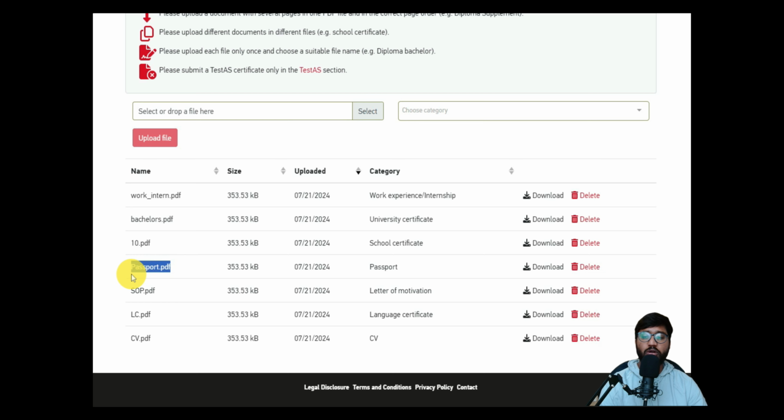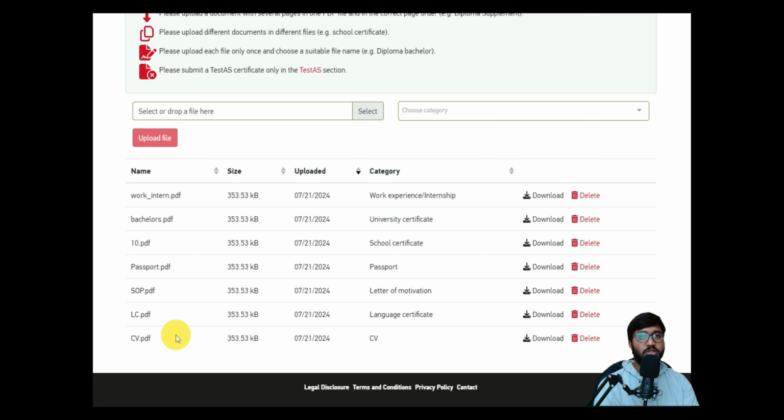Then you can attach your passport, your statement of purpose, and also your language certificate. The language certificate should be your IELTS 6 or 6.5. If not, medium of instruction is also considered. So please also upload medium of instruction if you don't have a language certificate, and you have to mention your CV.